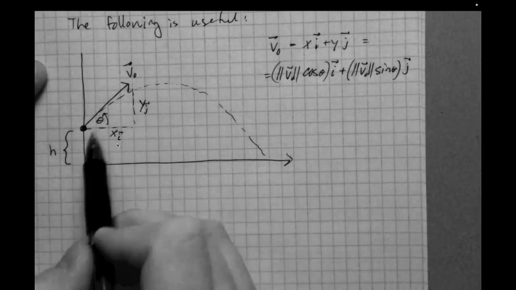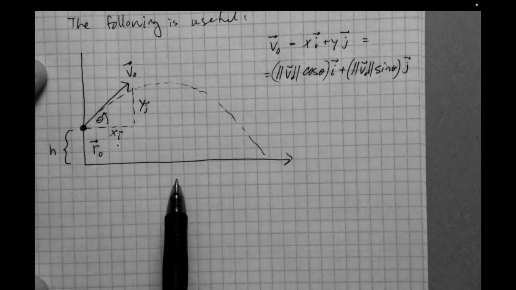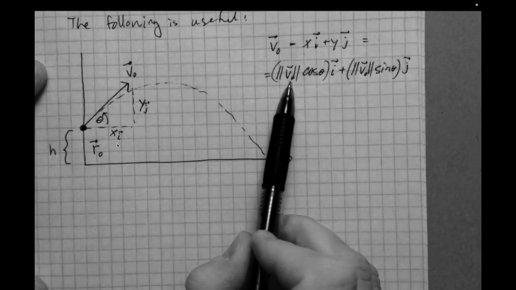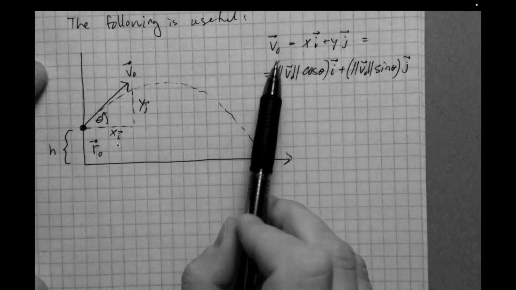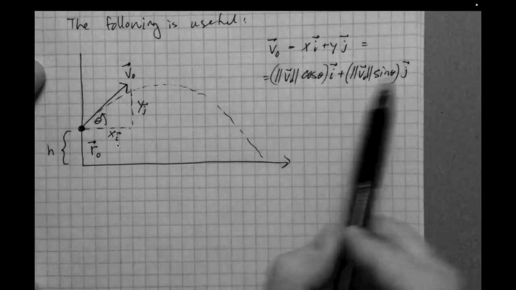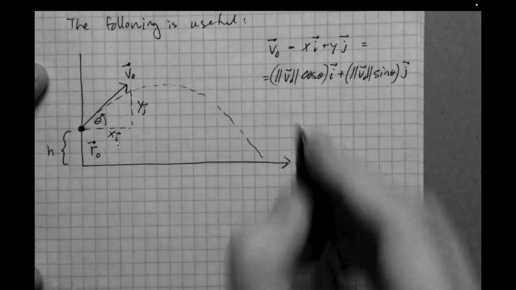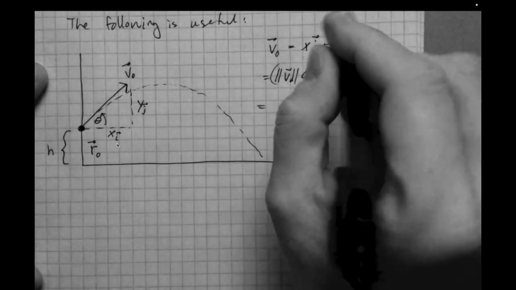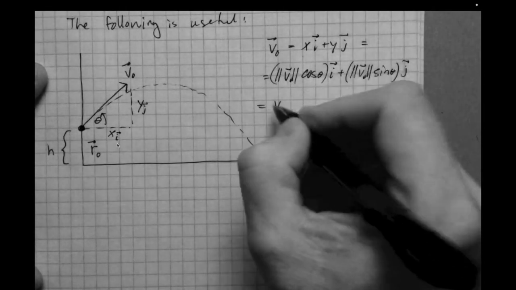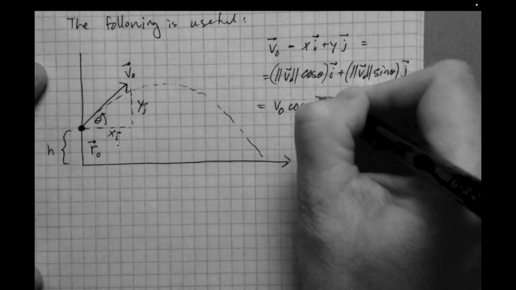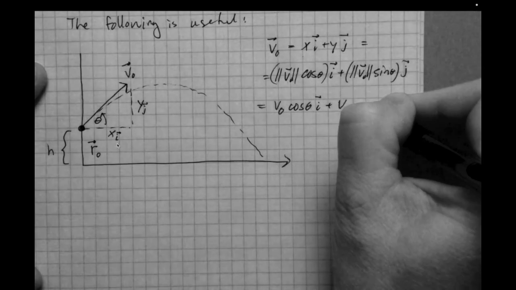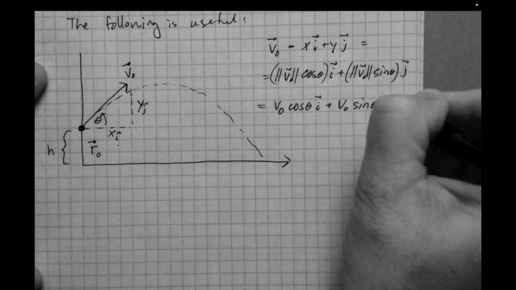So if you're just told the magnitude of velocity and the angle theta, you can derive the velocity vector function really quickly using this technique. This all simplifies down to v naught, the speed, times cos theta, times i, plus the speed times sine theta times j.